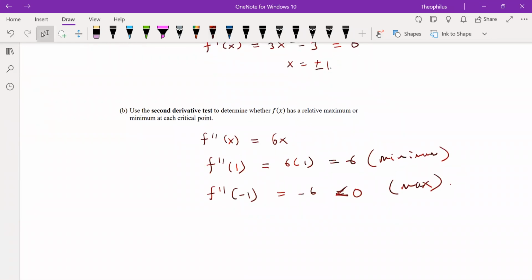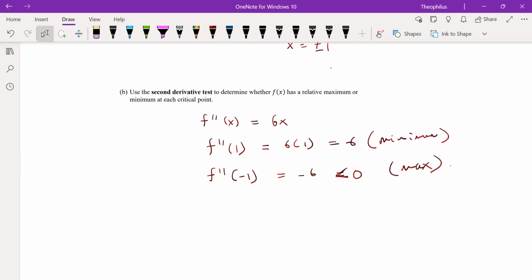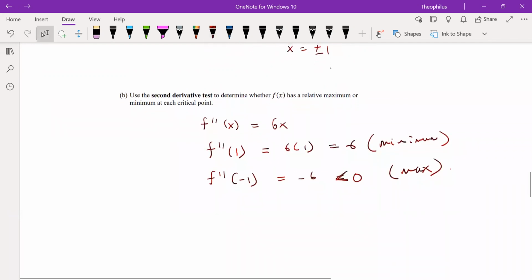But these are not all. What we need to do at the end of the day is find the values. Having determined whether it's a minimum or maximum, we need to find the corresponding values. So we substitute this particular one into the main function.